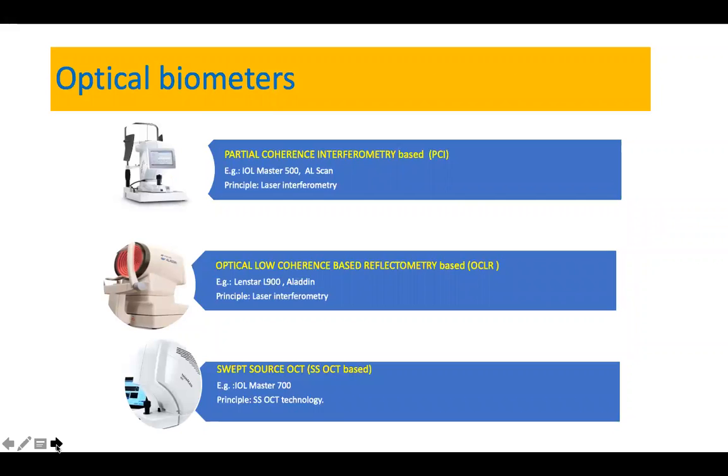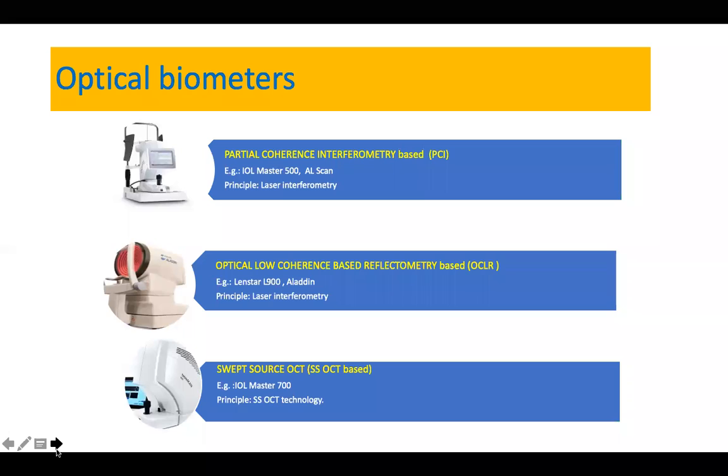Now, coming to the modern current approach to biometry, which is the optical biometers. Optical biometers are broadly classified into three types: the partial coherence interferometry based ones, the optical low coherence reflectometry based ones.